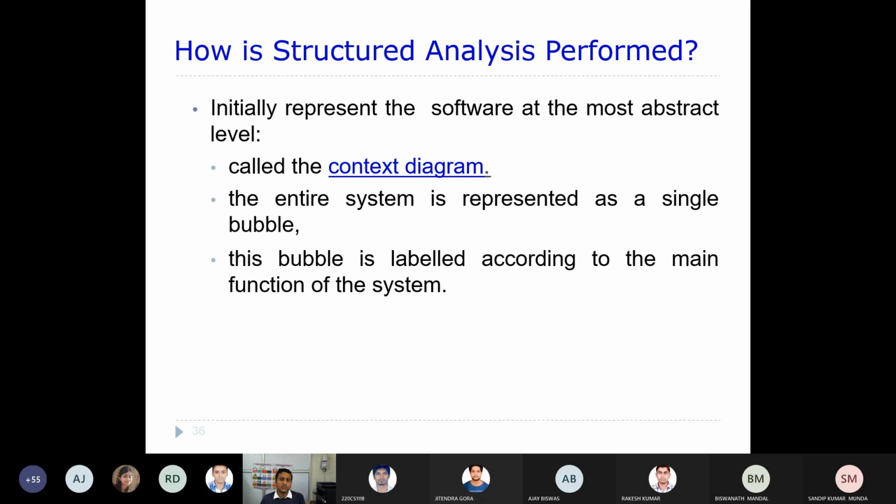That means it's a very high level function of that particular system, and that is what is represented through a context diagram. It's a very abstract one, and slowly we decompose this diagram into different levels. That is what you will see through different levels of this diagram. The first diagram is something like this.